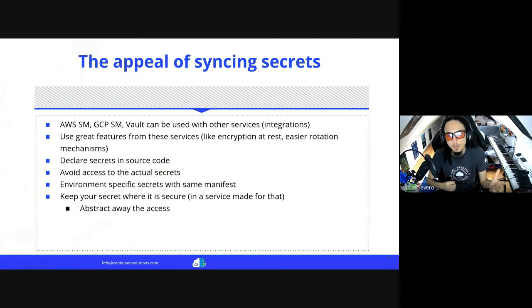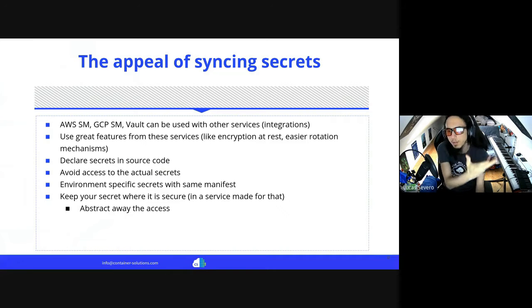You can declare your secrets in source code, and you can avoid access to the actual secret. So you can use GitOps here and start using some stuff to have code that declares the creation of secrets instead of having secrets on your repositories.